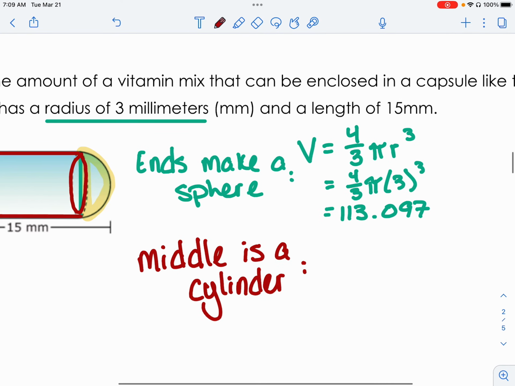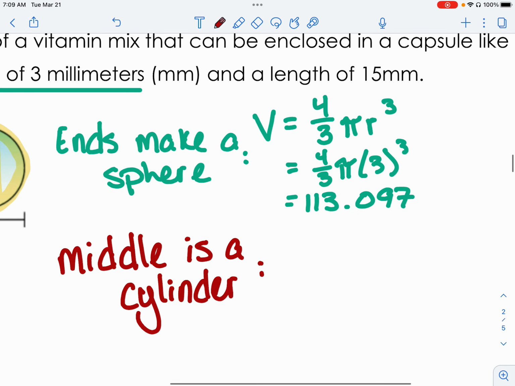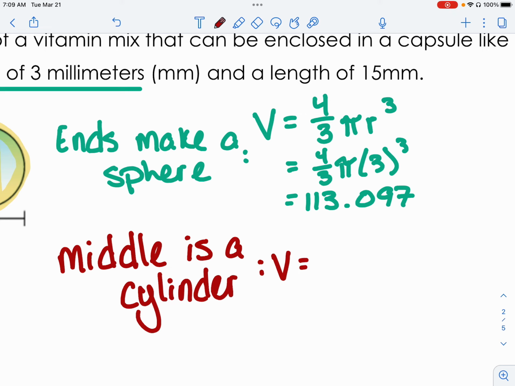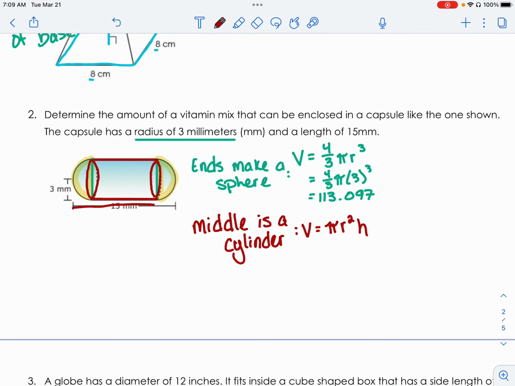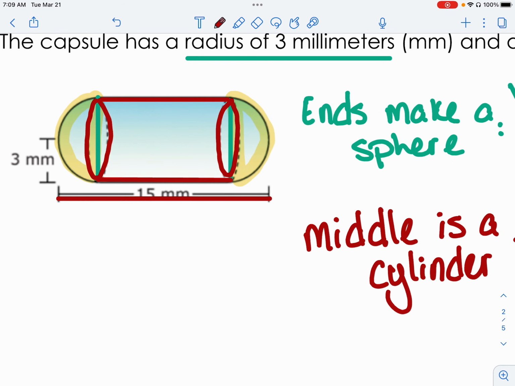And the volume for the cylinder, volume equals pi r squared, remember the area of a circle, times the height of that cylinder. And our height was given to us as 15, but we have to cut this here.